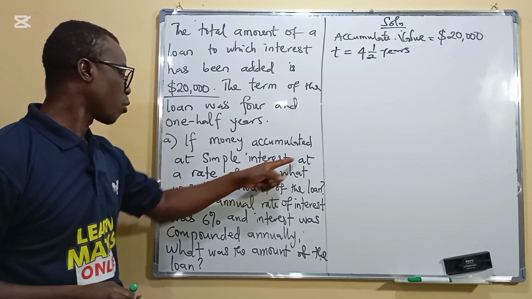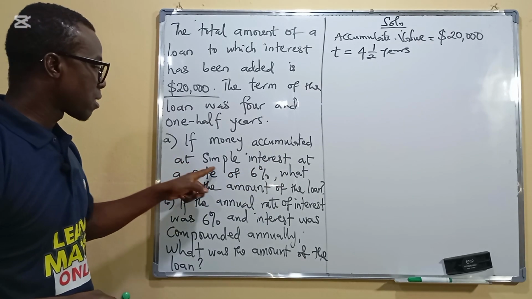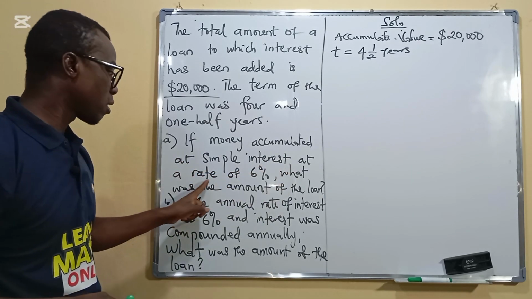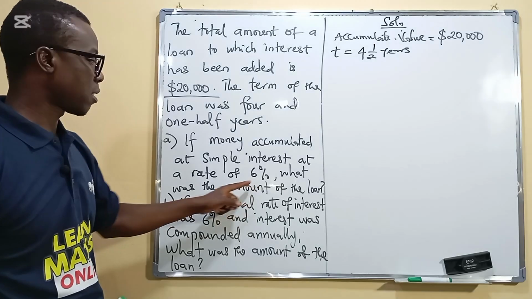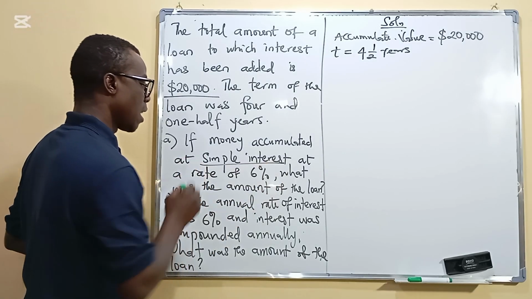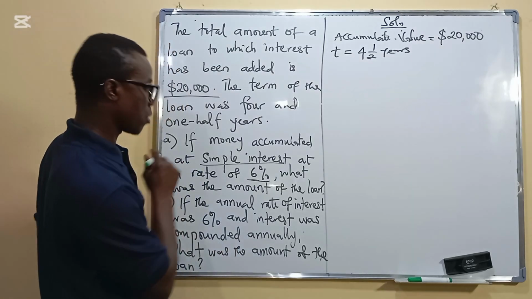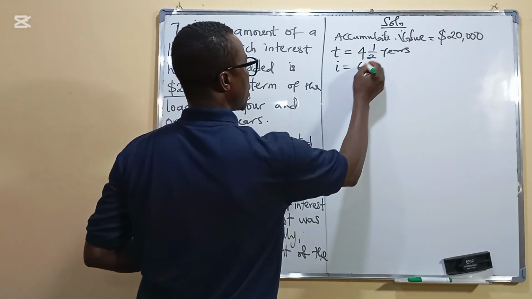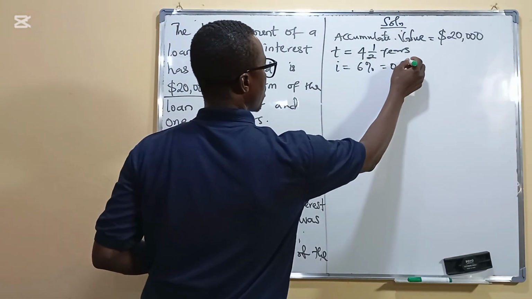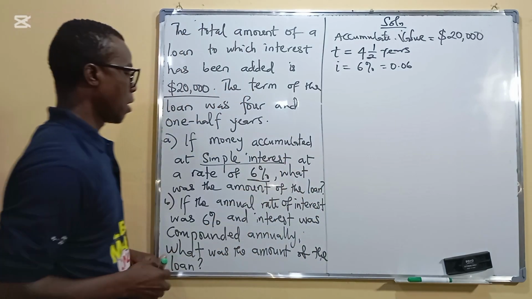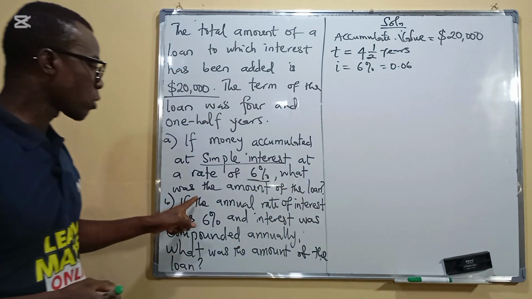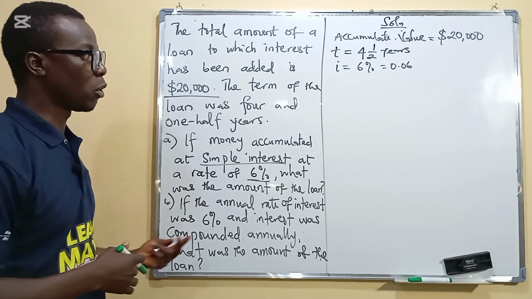Now, if money accumulated at simple interest at a rate of 6%, that is, this is a simple interest, and the money accumulates at a rate of 6%. So that's my interest rate, that's 6%, which is the same as 0.06. Yes, so what was the amount of the loan?